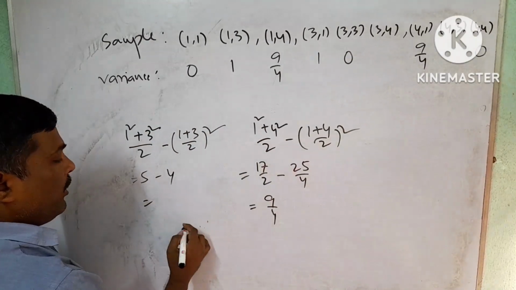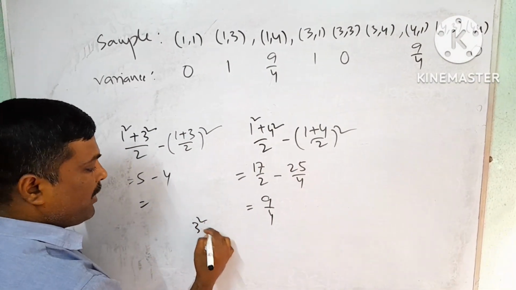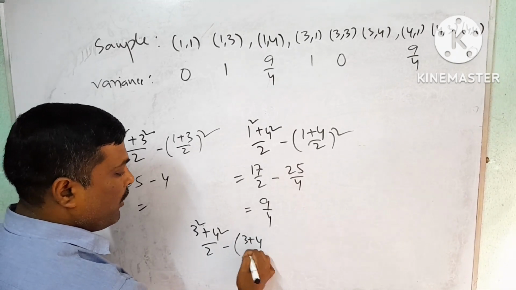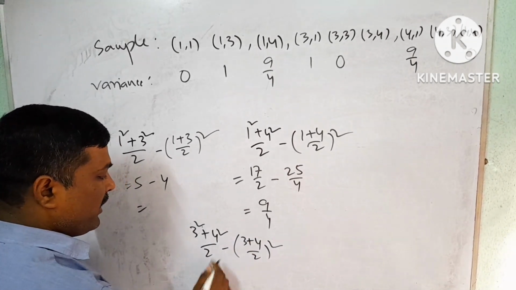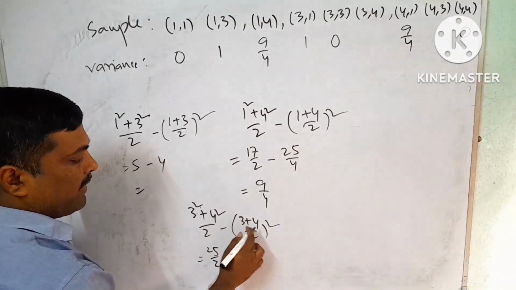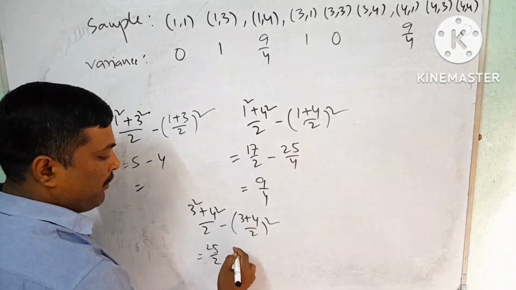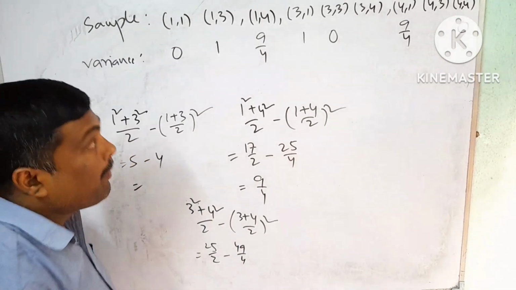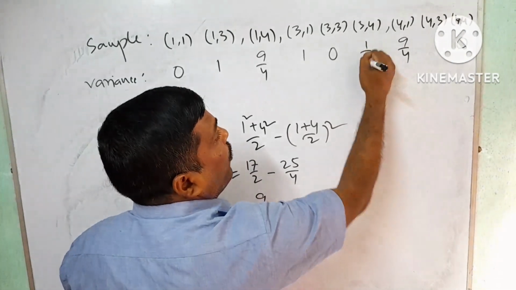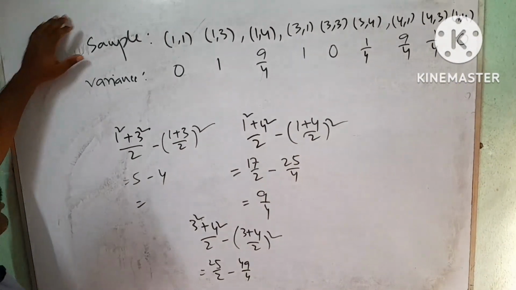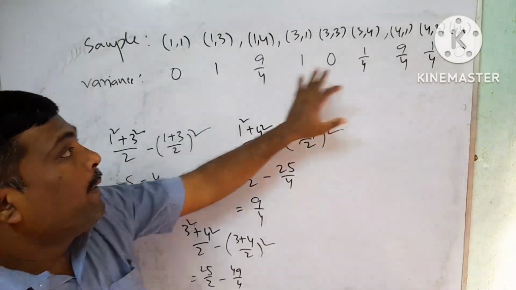For 3 4, variance is 3 square plus 4 square divided by 2, minus 3 plus 4 by 2 whole square, that is 25 by 2 minus 49 by 4, which is 1 by 4. So 3 4 and 4 3 both have 1 by 4. These are the samples and corresponding variances.